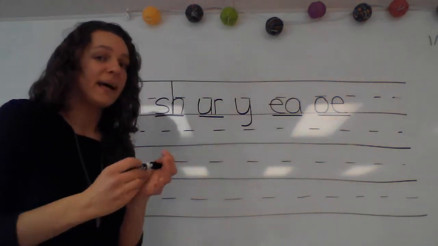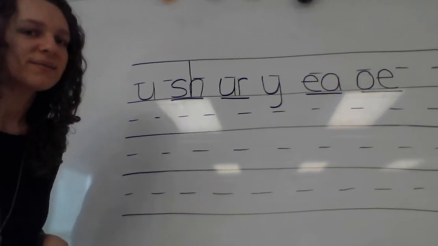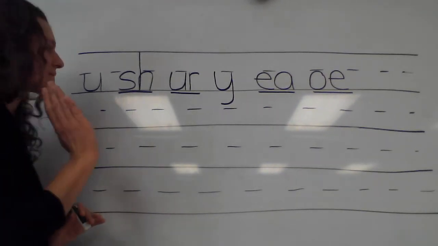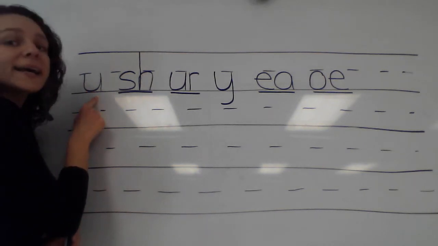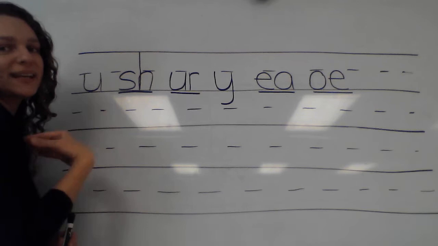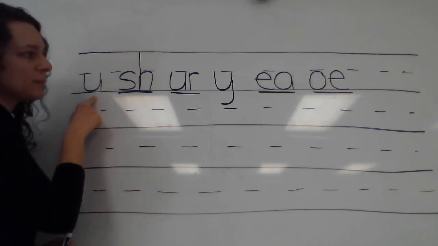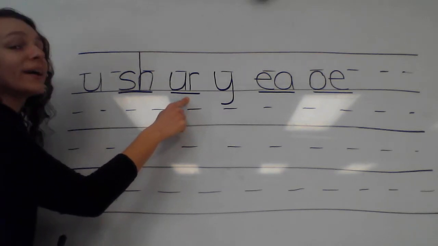All right, let's go back and read all of the phonograms that we wrote so far. But I might go out of order, so make sure you're watching. Good. U, u. If you didn't get it, say it with me again. U, u. The of hurt.